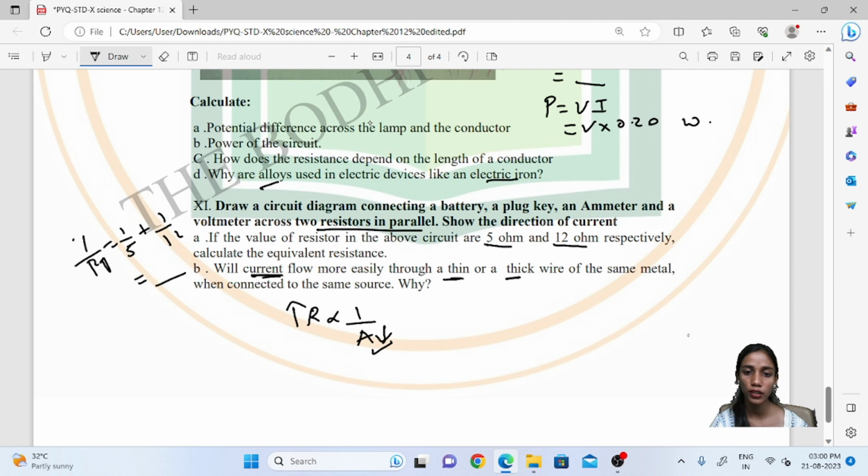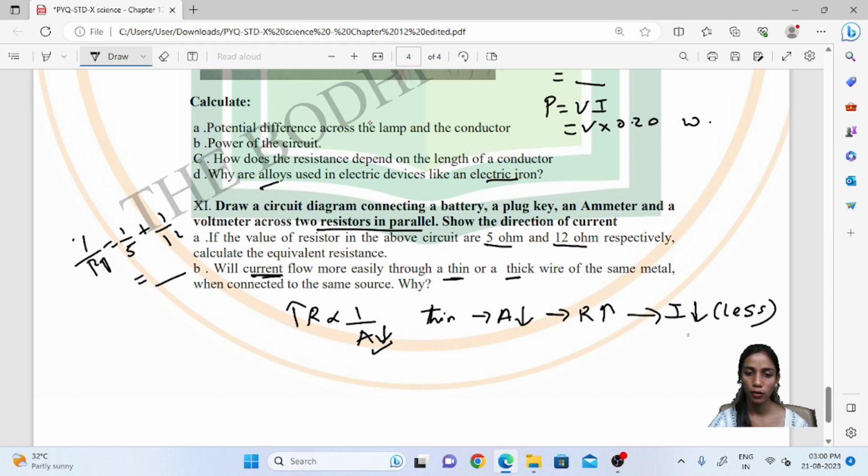So in case of a thin wire, the area would be decreased and the resistance would be increased. So will the current be increased or decreased? The current will be decreased. Current will be less.